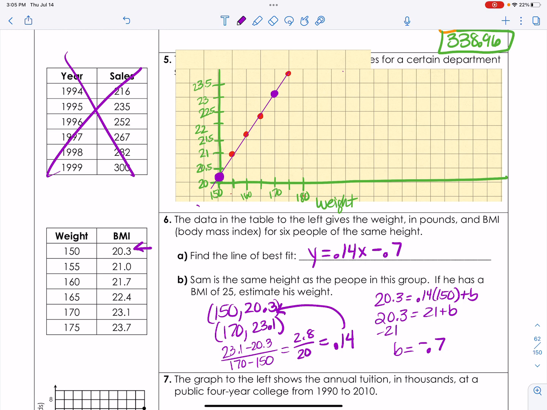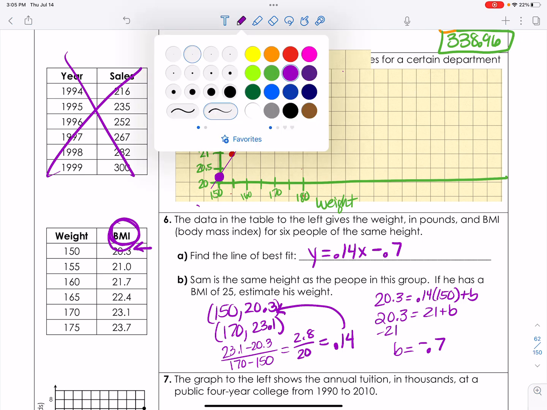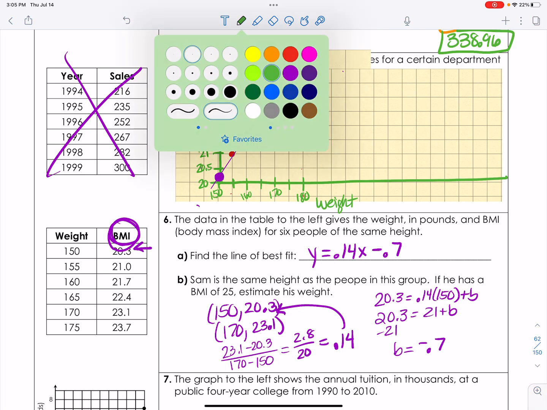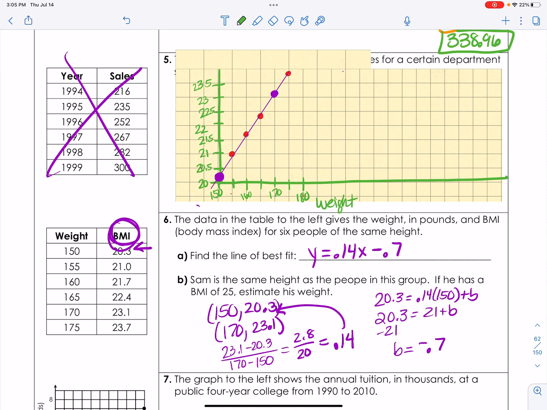Now the question says, Sam has the same height as the people in this group. If he has a BMI of Y, BMI of 25, estimate his weight. So if he has a BMI of 25, which is his Y value, I'm going to put 25 in for the Y. I'm going to take 25 plus 0.7, so I get 25.7 equals 0.14x.